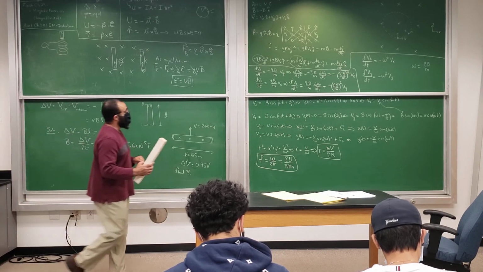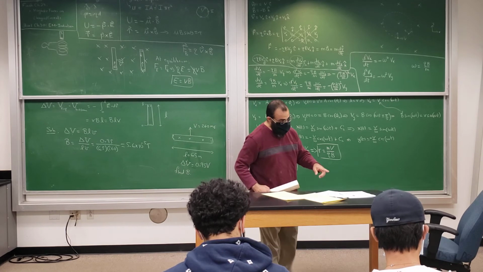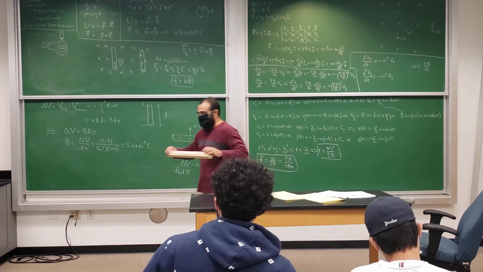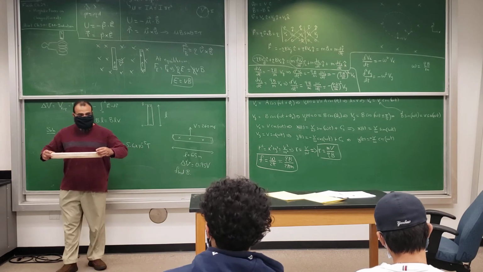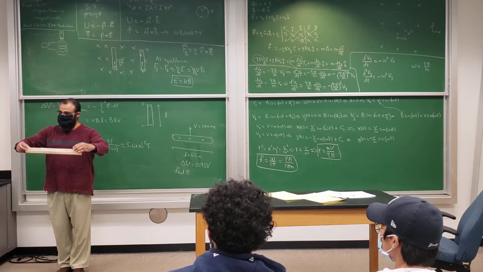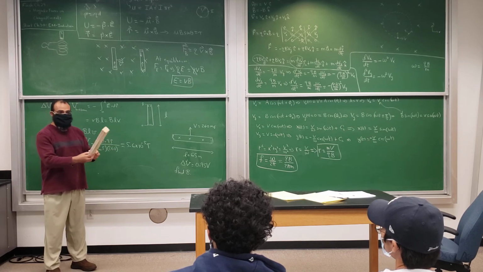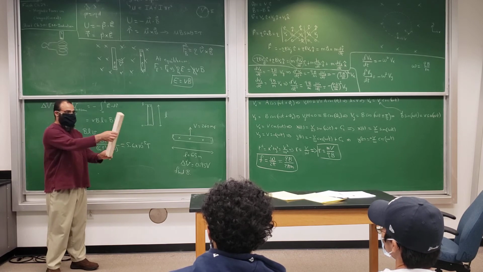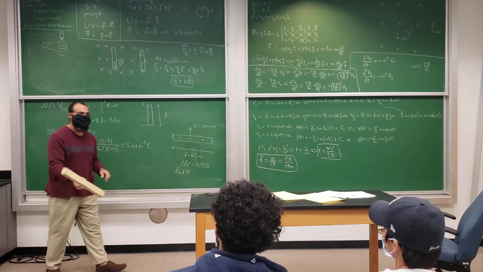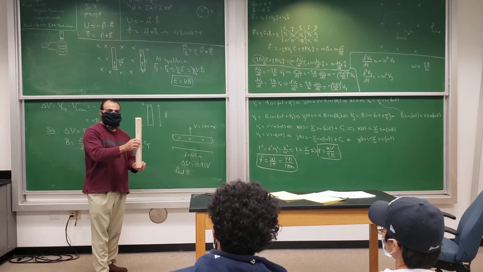So the next question, the rod is not going to be just dragged like this. To make it better, we're going to make our rod go in a circle. So what does making it go in a circle do?